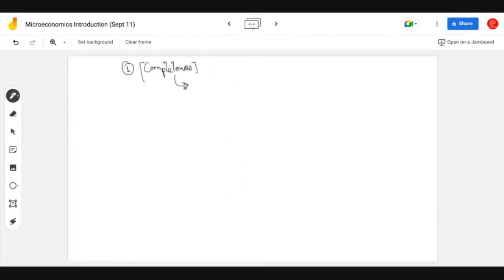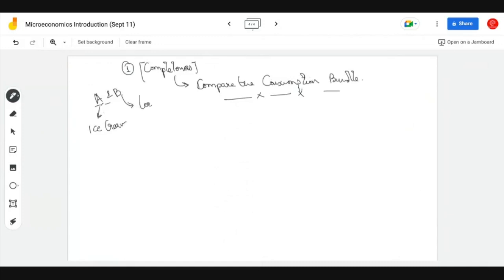Completeness in a way means that you are in a position to compare the consumption bundles. So the consumption bundles are comparable. Let's say we are talking about two consumption bundles A and B, and suppose A is nothing but ice cream and B is a trip to Europe.